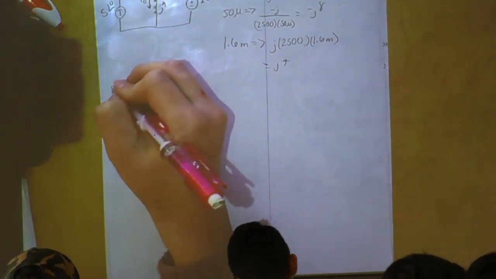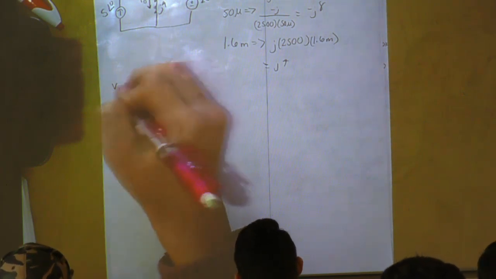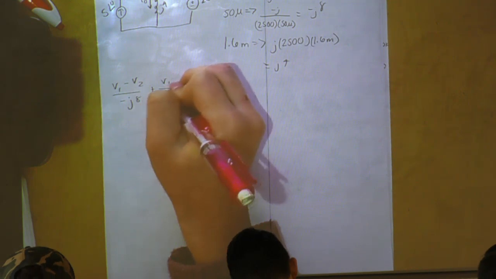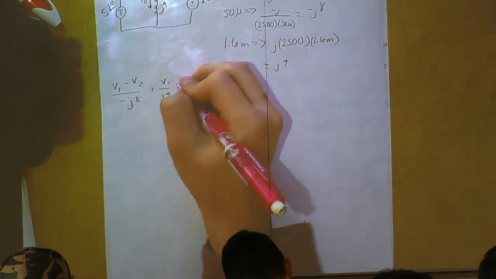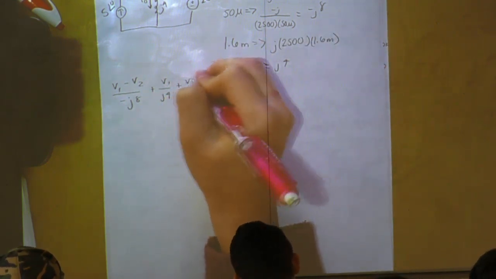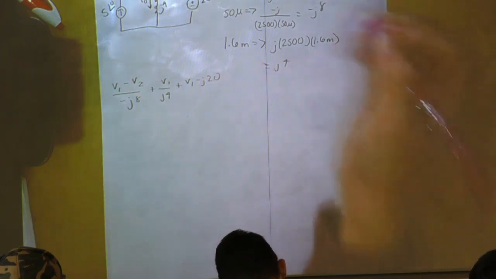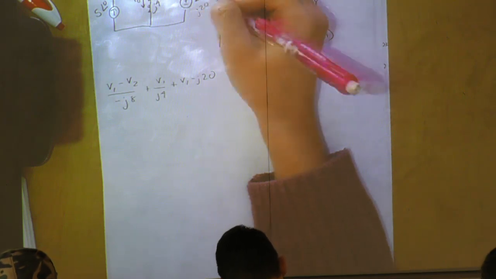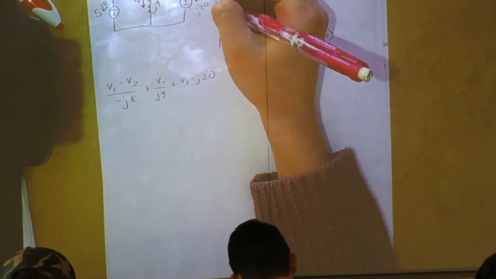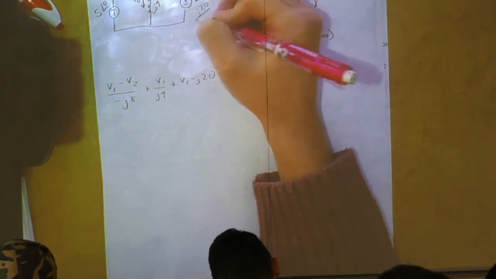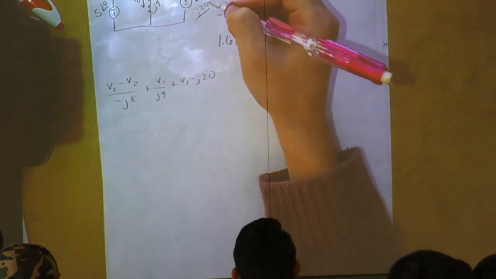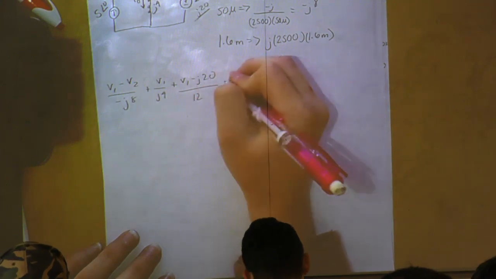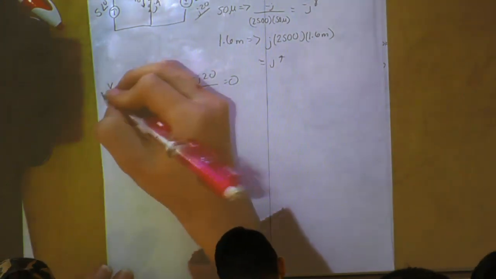So we'll do V1 minus V2 plus V1 all over plus minus J20. Everyone can see how this is equal to J20. Does everyone know how I got J20 from this angular form? So that's our first equation.